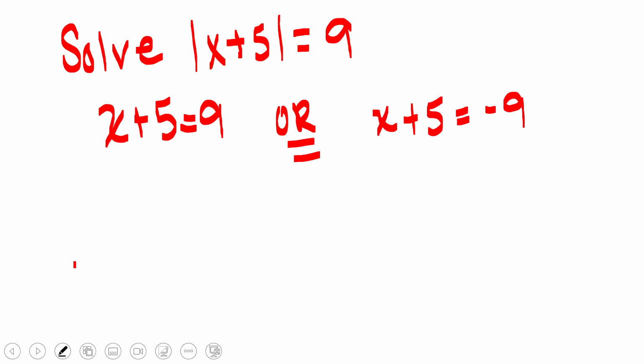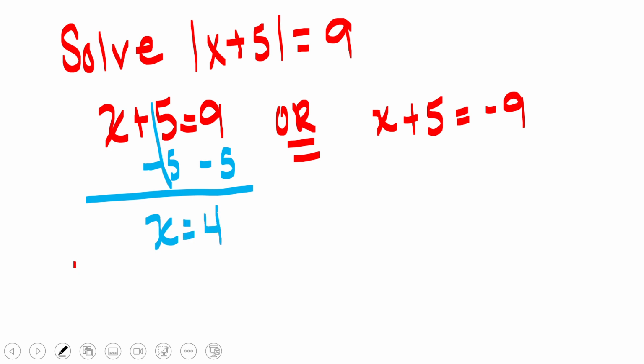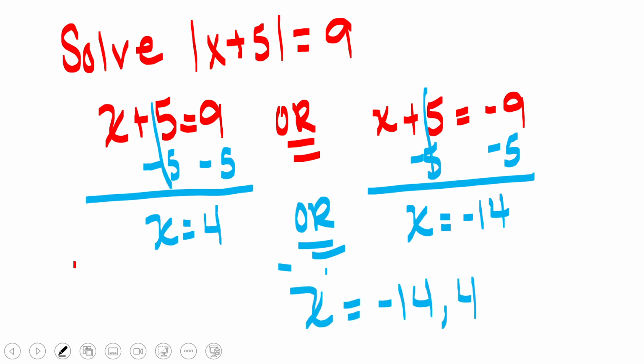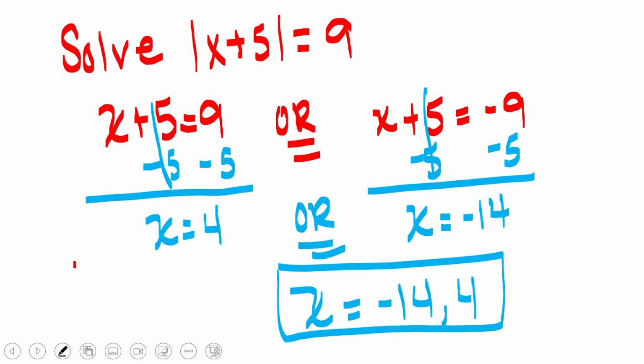So we solve algebraically for both, and that gives us x equals 4 here, or x equals -14 for our solutions. So set up two equations when you drop the absolute value symbol.